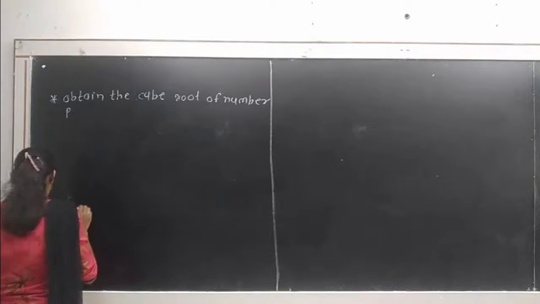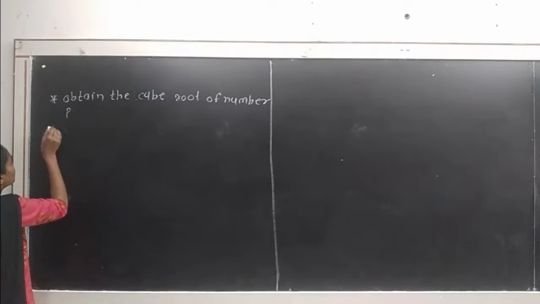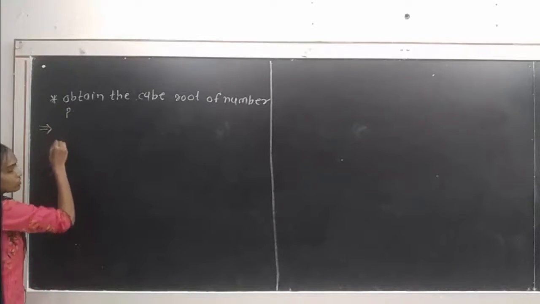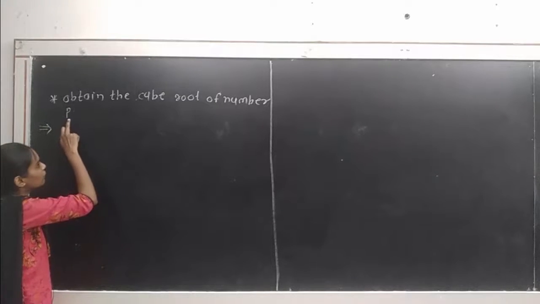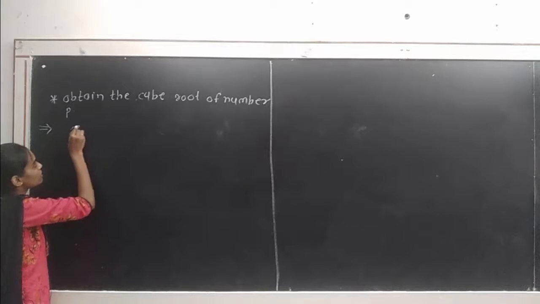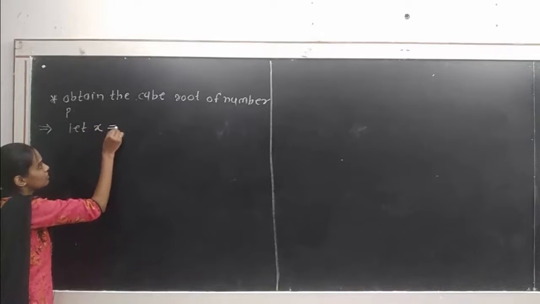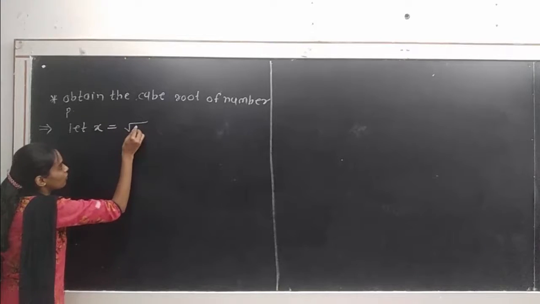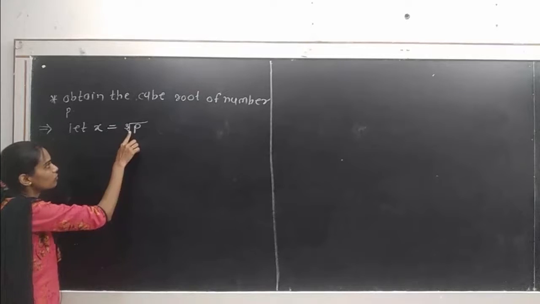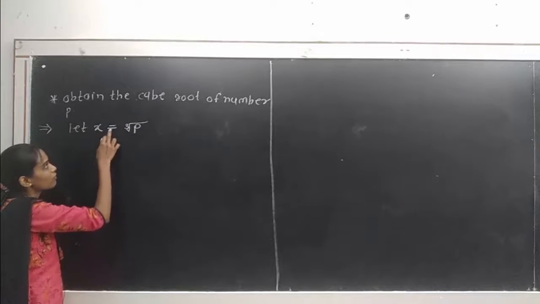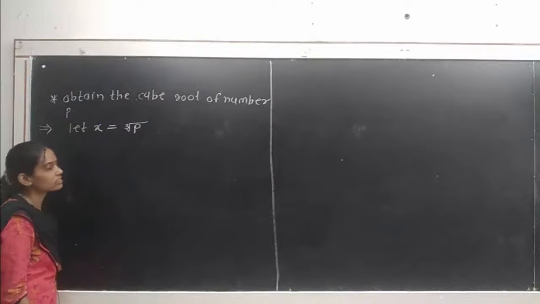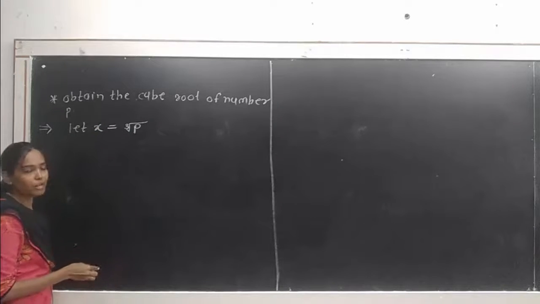Let p be the number, and we have to obtain the cube root of this number p. Let x be equal to the cube root of p. That means we have to find the value of x, which is the cube root of number p.